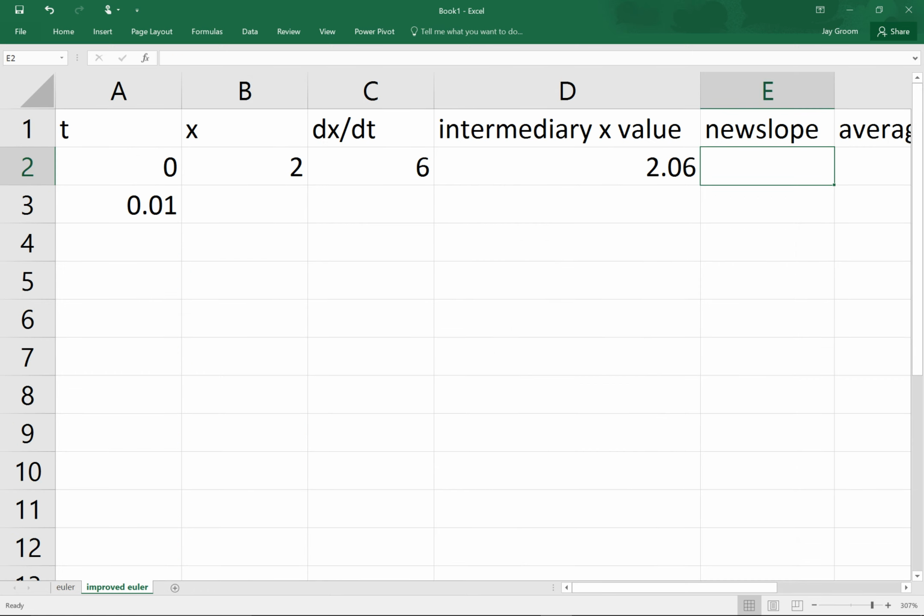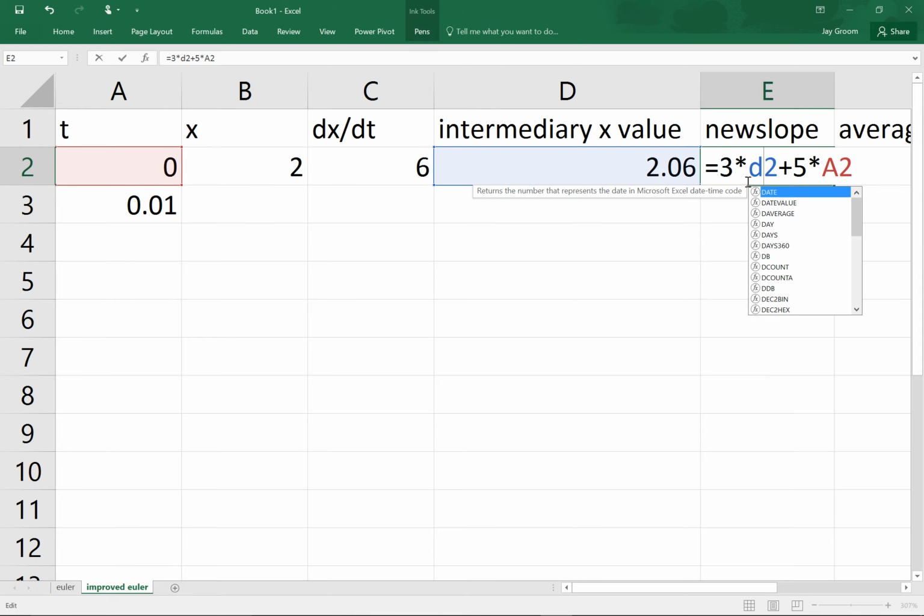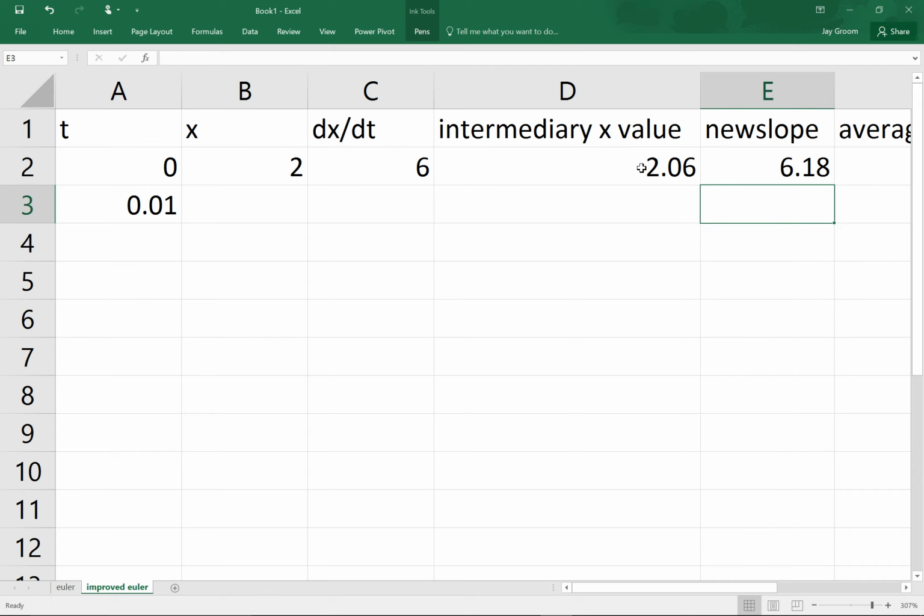So equals 3x plus 5 times t. Oh, except, that should have been a d, because I want to use my new x value. See? So it's the same exact equation, but you're going to use the new x with it. Same t value, but you use this new x value.